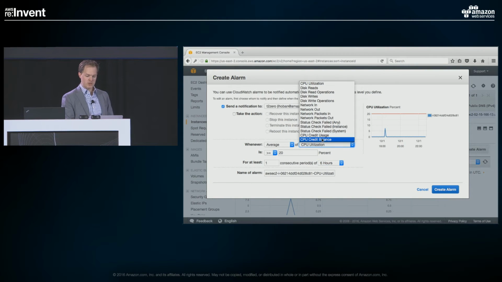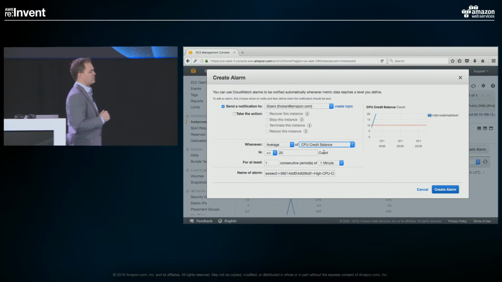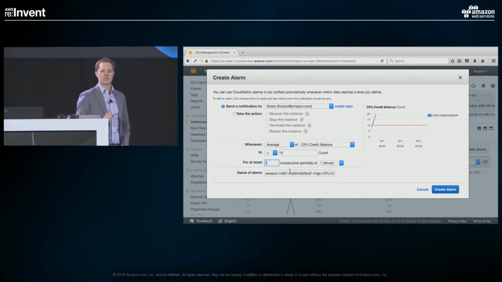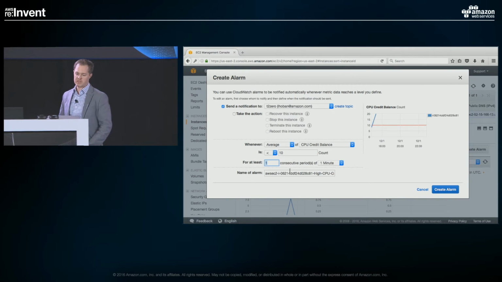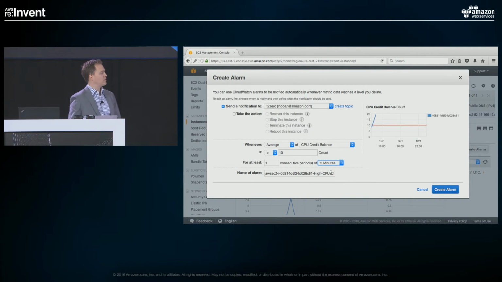Or similarly, I can create alarms on those metrics unique to T2s, like the CPU credit balance. And so I can say if my credit balance goes below 10, and 10 is going to mean, for my 2 cores, I can run for 5 minutes if I'm running at 100%. So I'll make sure that if that happens for a 5-minute period, I'm going to create that alarm.